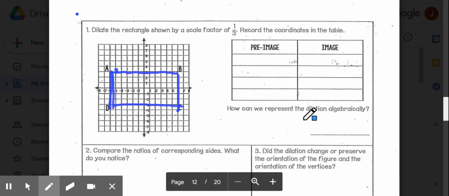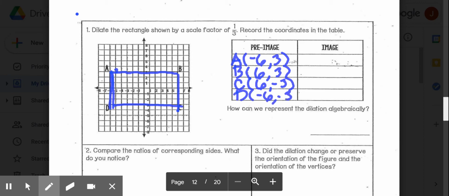So it wants us to start here by recording the coordinates of the original, or the pre-image, in this table. So you can see we have point A to start with, and point A is at -6, 3. We have point B at 6, 3. We have C at 6, -3, and we have D at -6, -3.